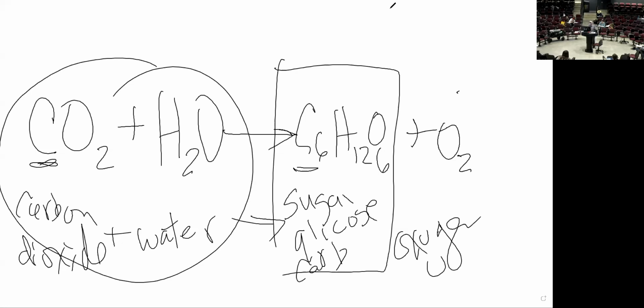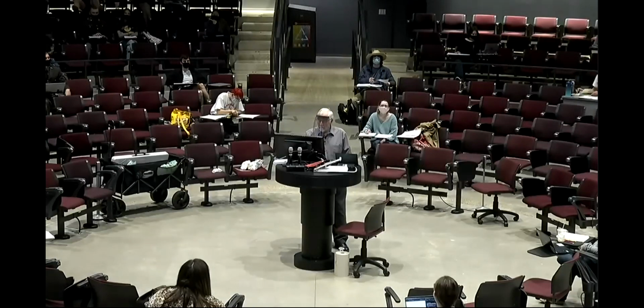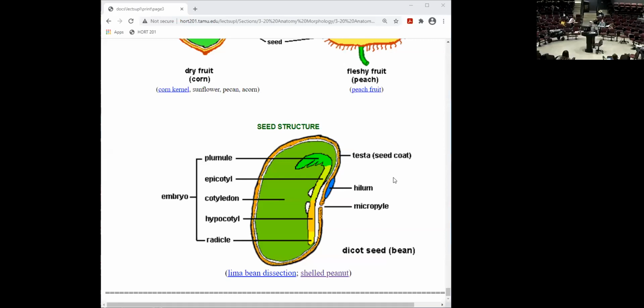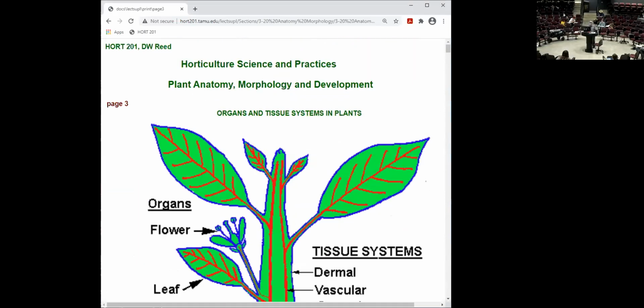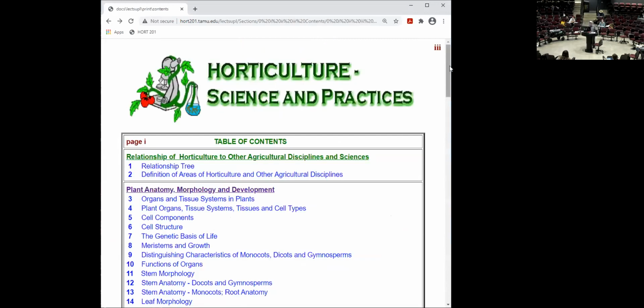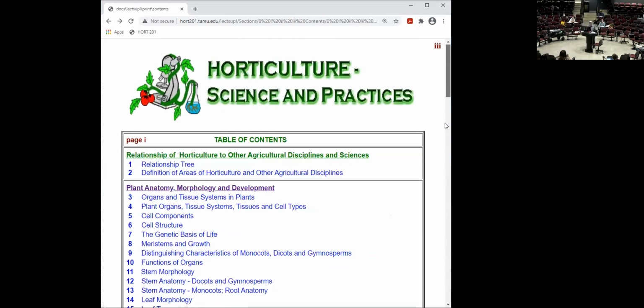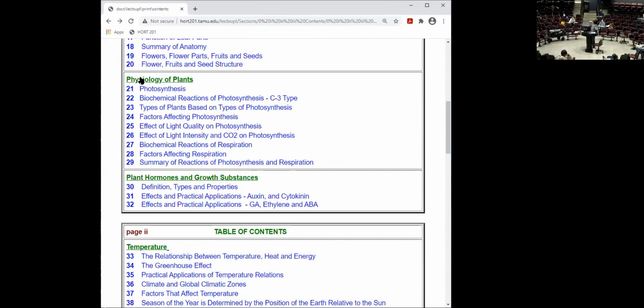Let's unshare, and then let's reshare, and let's come here, reshare, and let's go backwards. And turn to, if you're following your notebook, the physiology of plants.